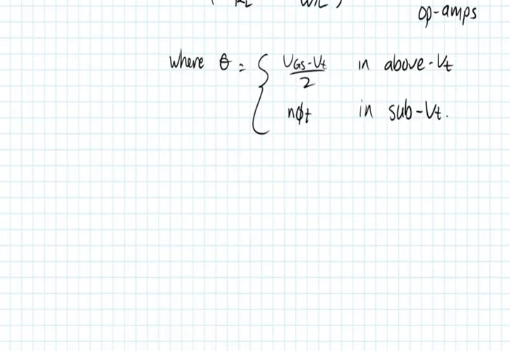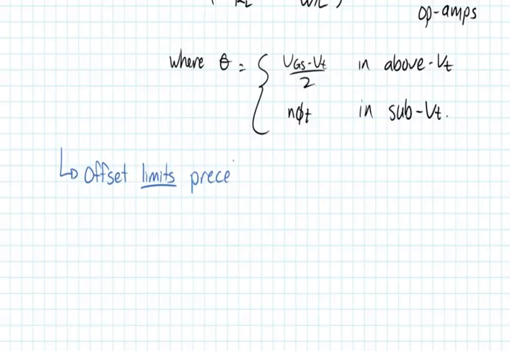So it turns out that offset limits precision in analog circuits.